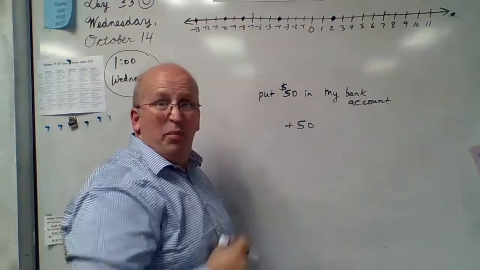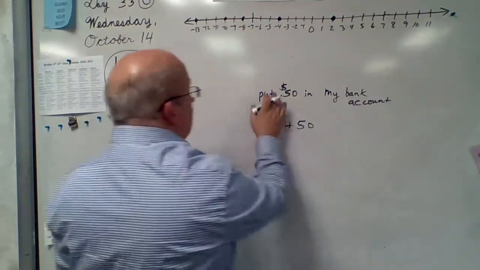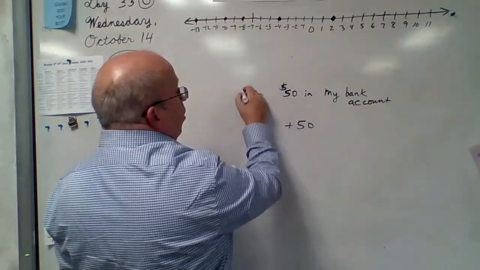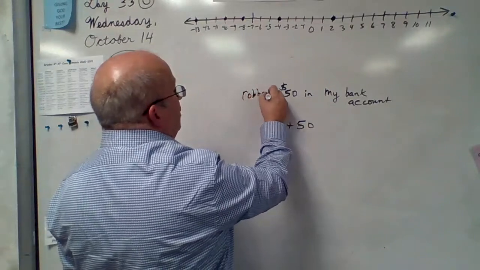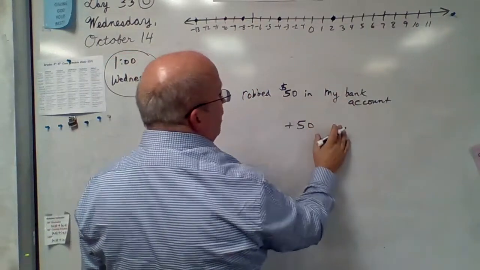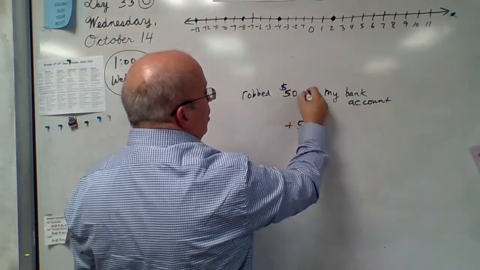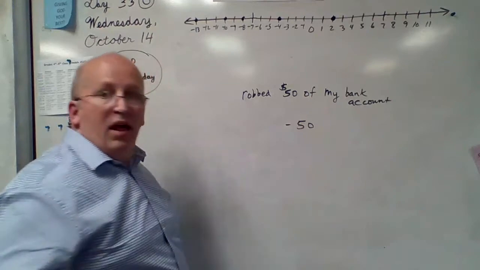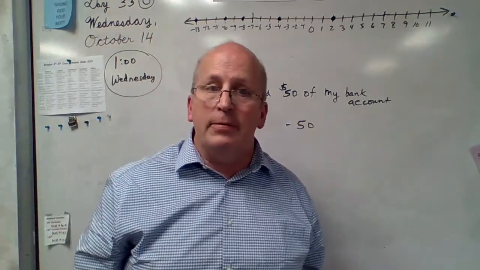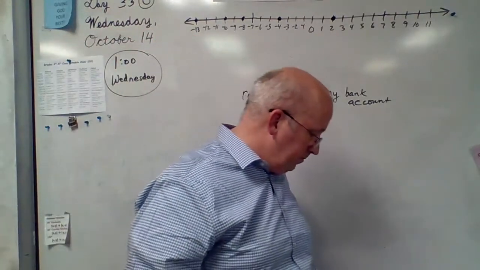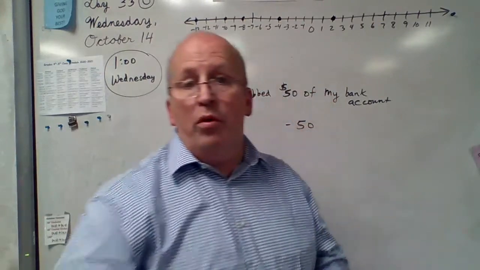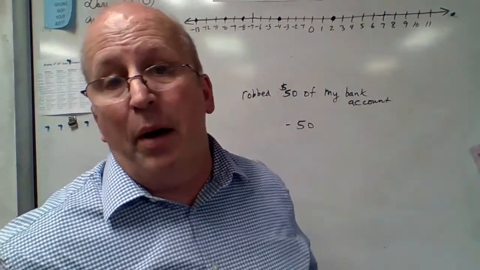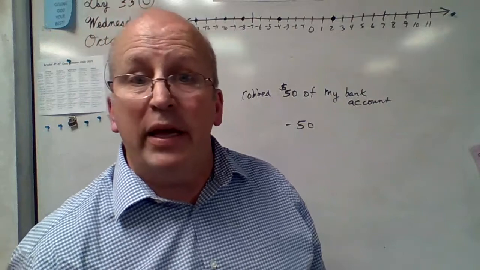They're adding to my account. But if I said somebody robbed $50 out of my bank account, that would be taking away money. That would be a minus 50. I'll give you a clue on numbers 4 through 8. 2 of them are going to be positive numbers and 2 of them are going to be negative numbers.